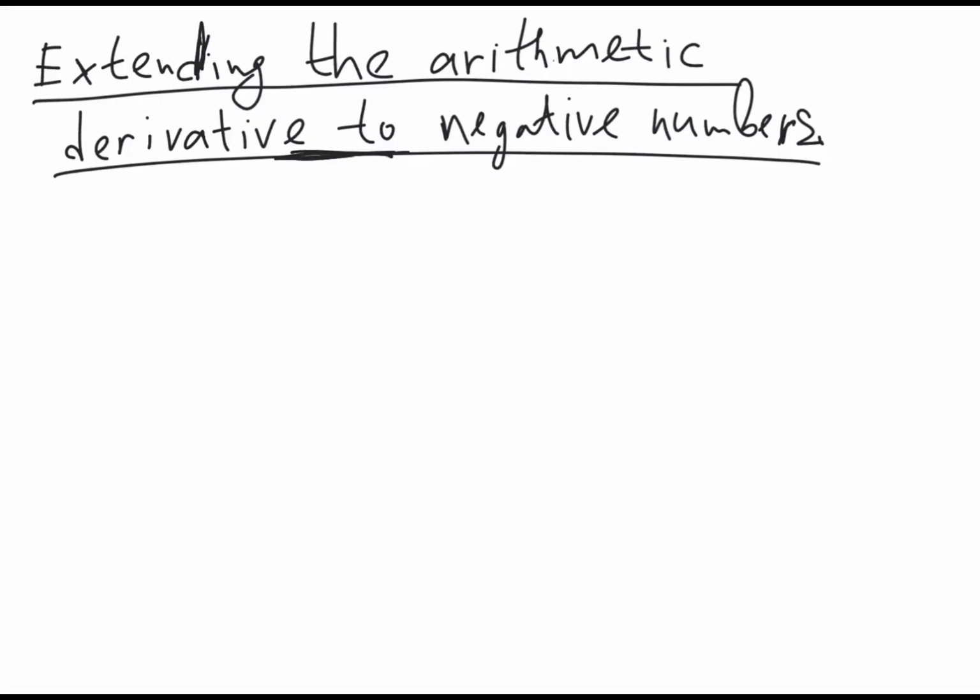In this video I'm going to talk about extending the arithmetic derivative to negative numbers. As a reminder, the arithmetic derivative is a function from natural numbers to natural numbers, defined by two properties.